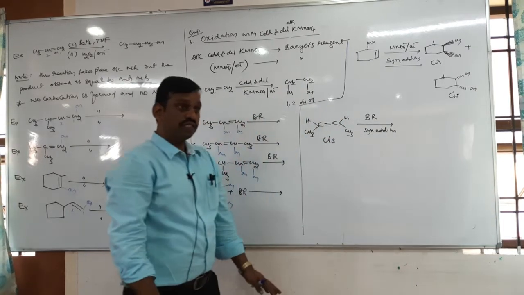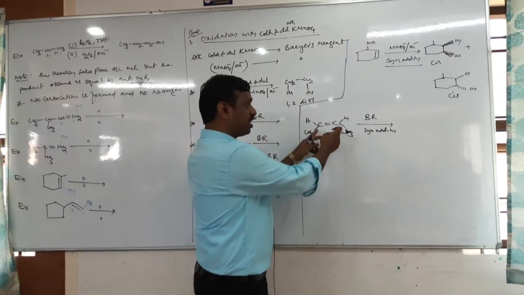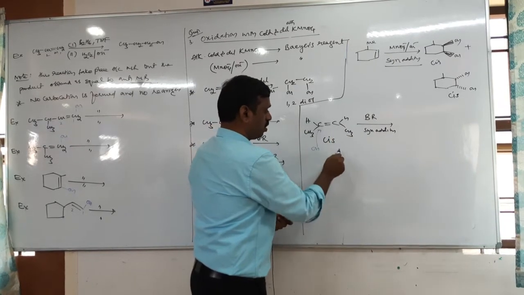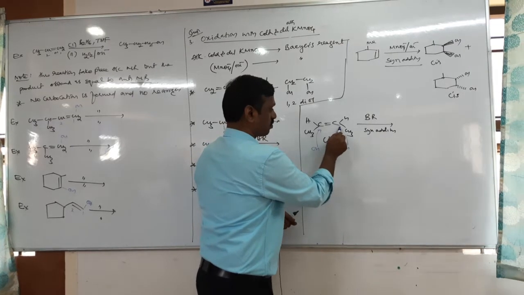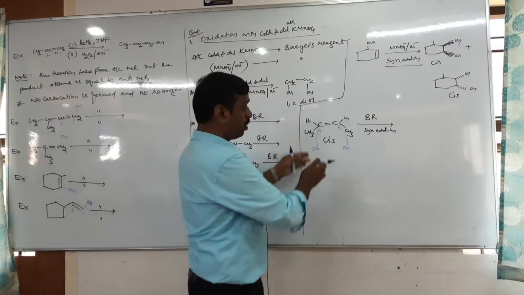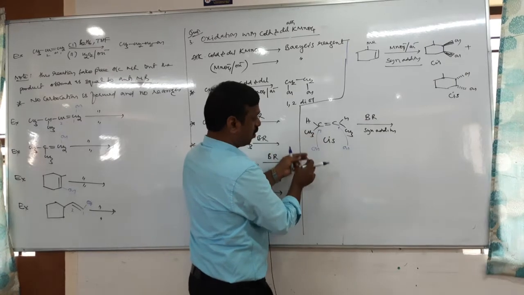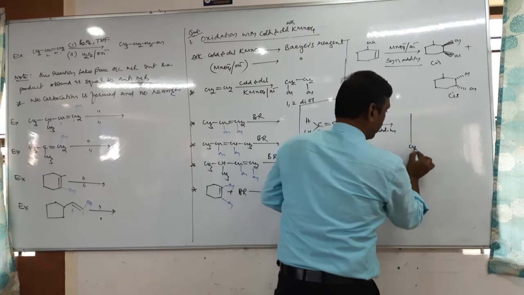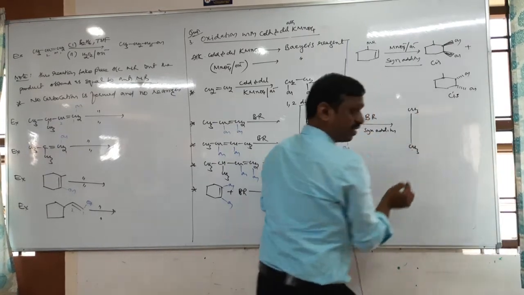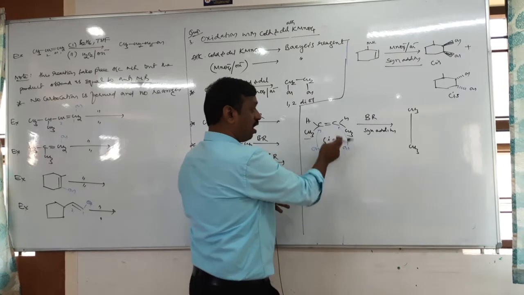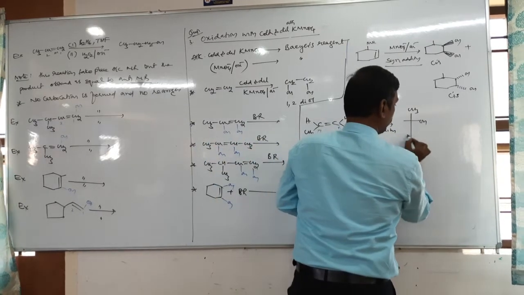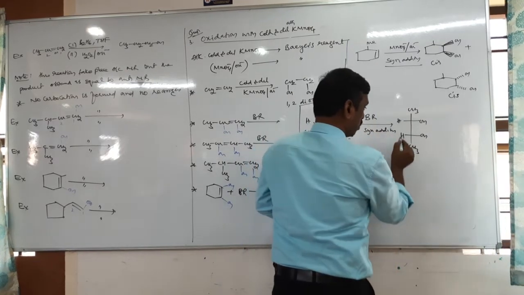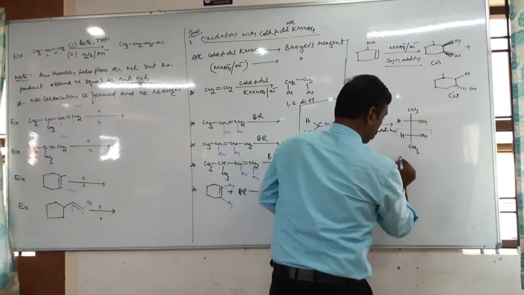Tell me, in syn addition the two OH groups are added from the same side of the double bond. Now when two OH groups are added on the same side of the double bond, here already the methyl groups are on the same side. Since the methyl groups are on the same side, I will write the methyl groups on the same side like this. Then again add OH on the same side, OH, you may get this, which is called what? Which compound is it? Meso compound.